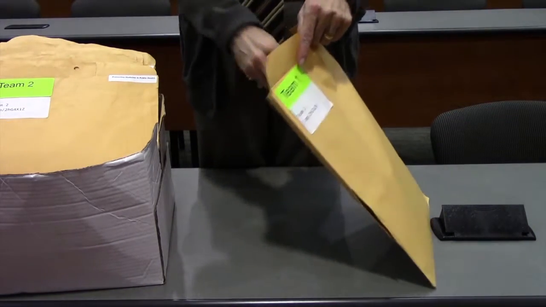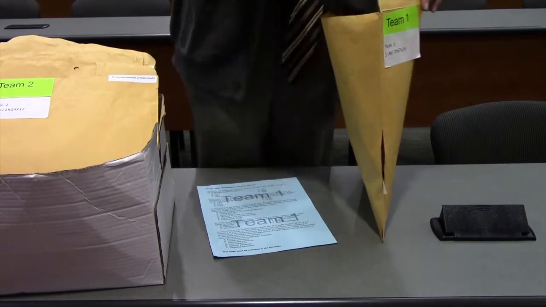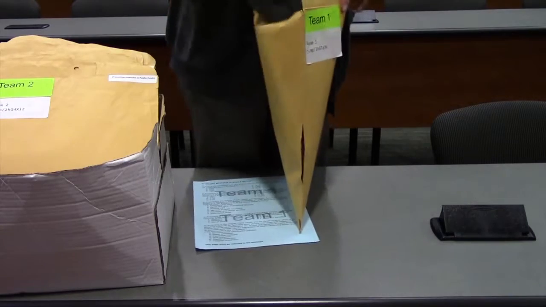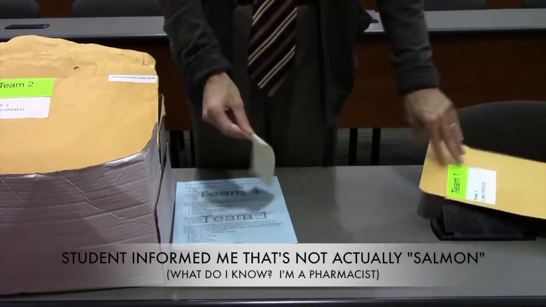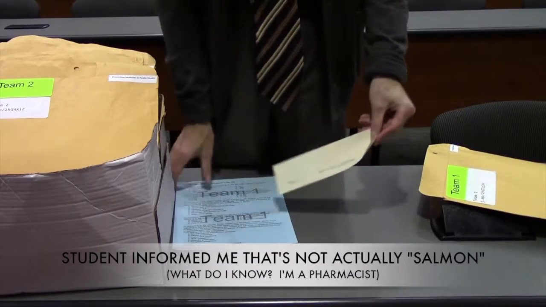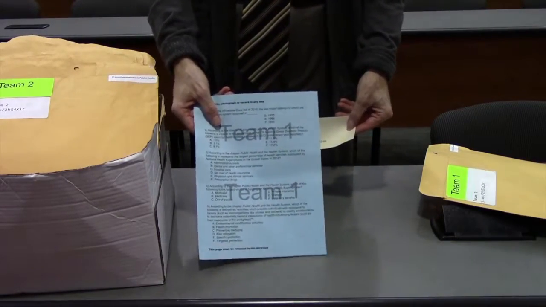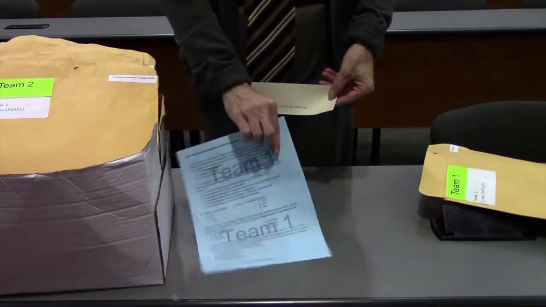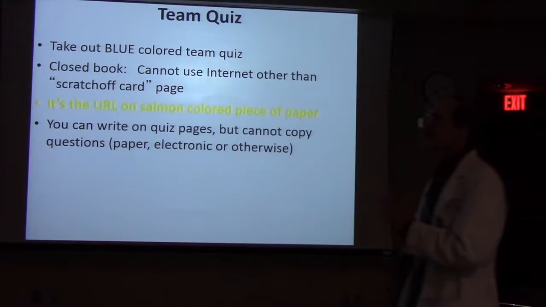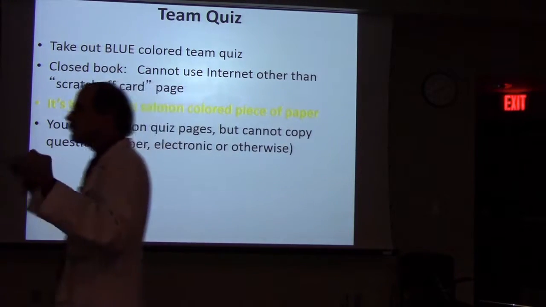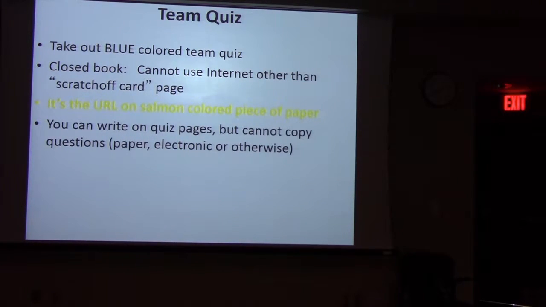And then they are to take out the blue sheet, and I tell them to look for a salmon-colored strip of paper. Now, the blue sheet is the same quiz that they just took. This is just the team version. Inside your envelope is a strip of paper. It's kind of a yellowish thing with a URL on it. That's the one that you're going to use.